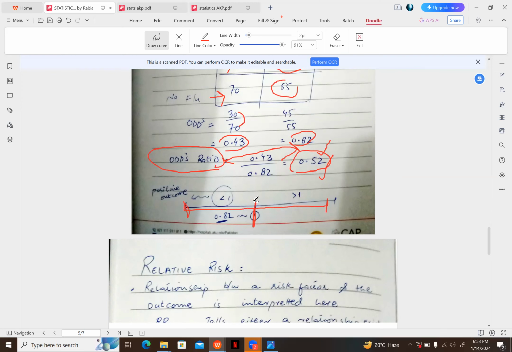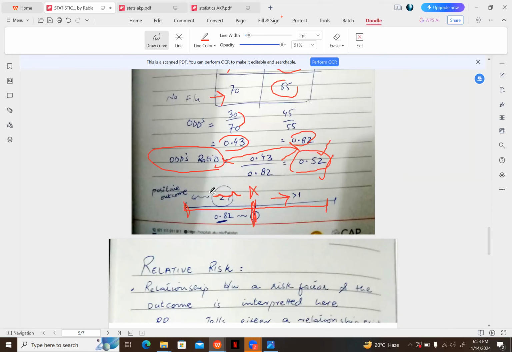If the odds ratio is 1, it means there is no association between the flu shot and getting the flu. If it is more than 1, it means you give the vaccine and people are getting more flu. This goes towards the positive side, but actually the result is interpreted as negative because getting the flu is not a good thing. Here you get 0.52.